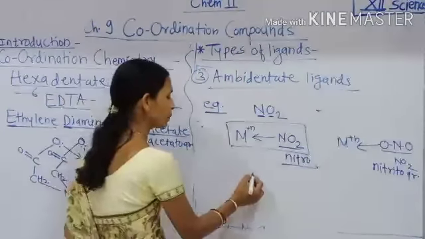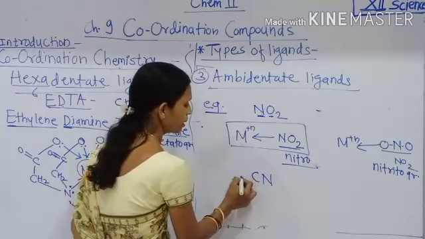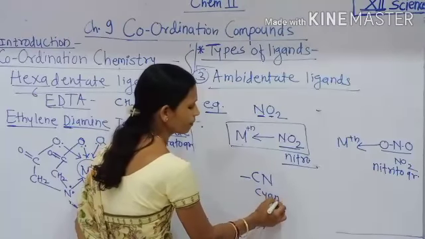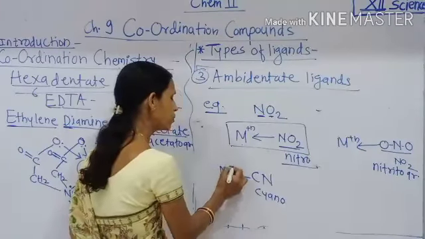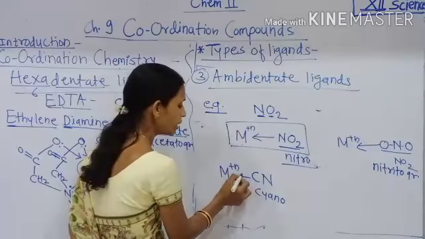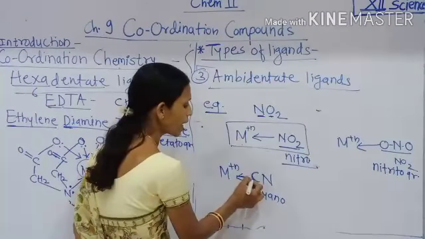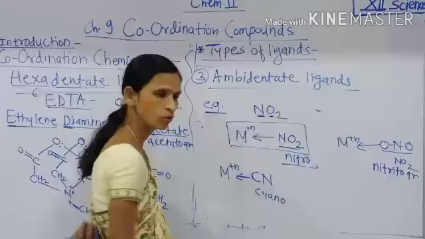See here, CN, the cyano group, which is attached to the central metal ion. When it is attached through the carbon atom, it is a cyano group.